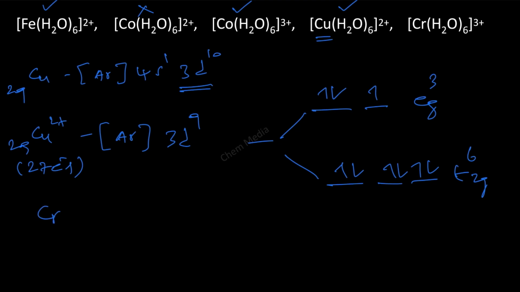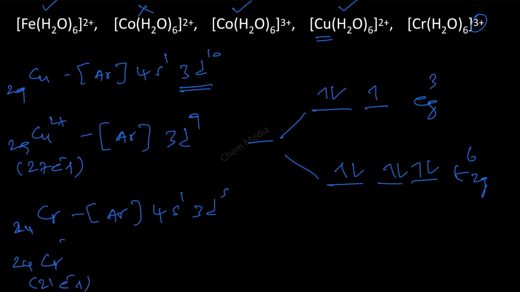And then for chromium, atomic number is 24. When it is neutral, the electronic configuration is argon and then 4s1 3d5. But here it is mentioned as 3 plus. So therefore, now we have how many electrons? We have 21 electrons for chromium 3 plus. Therefore, the electronic configuration now is argon and then 3d3.